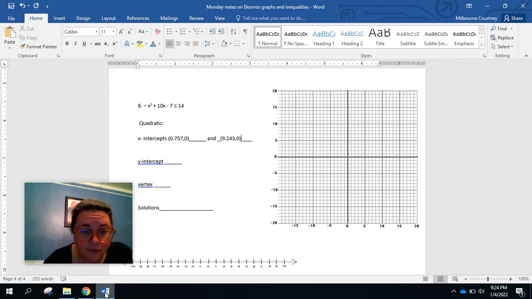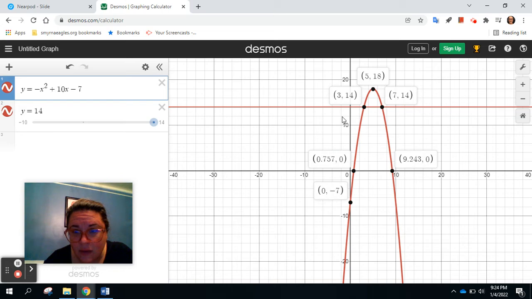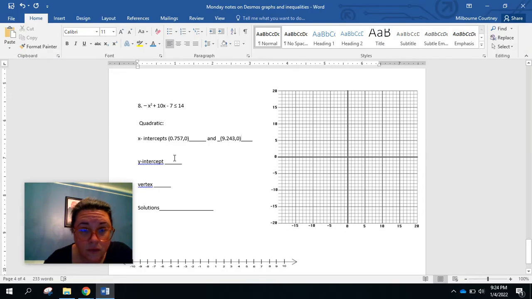The y-intercept is where it crosses the y-axis, and we know it crosses the y-axis at 0, comma c, which is at negative 7. Gosh, this is so messy. Sorry. Okay, so now we're looking for the vertex.